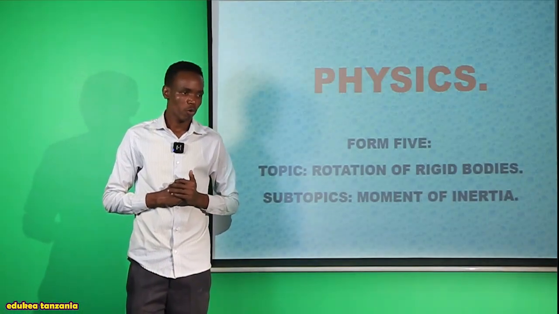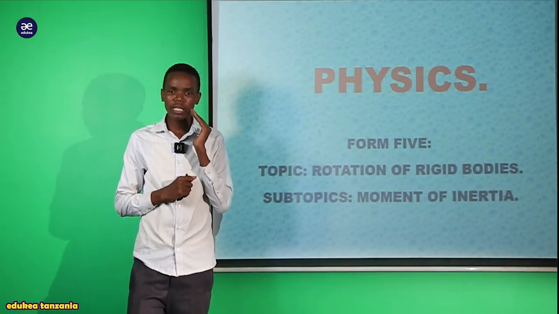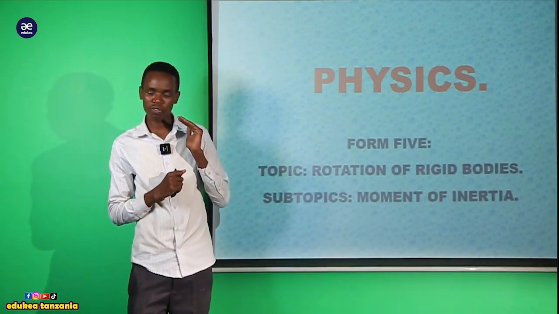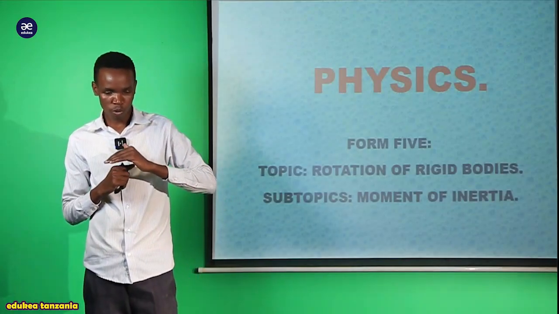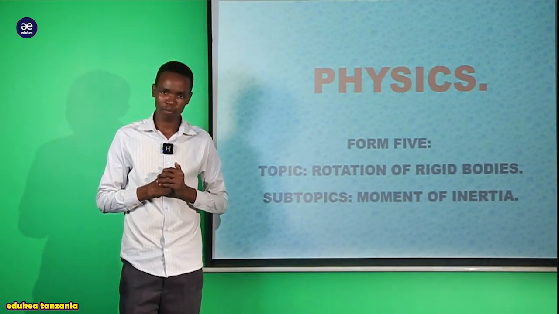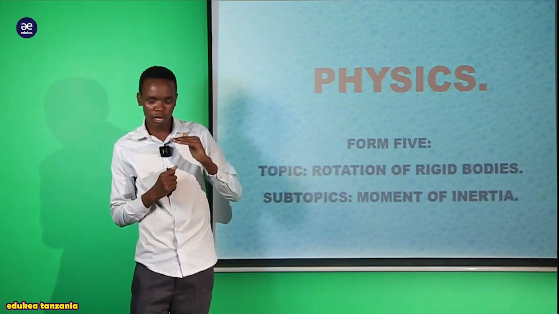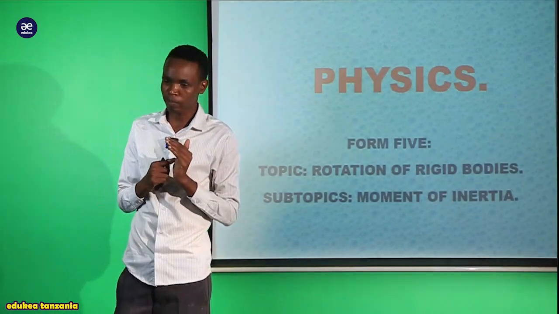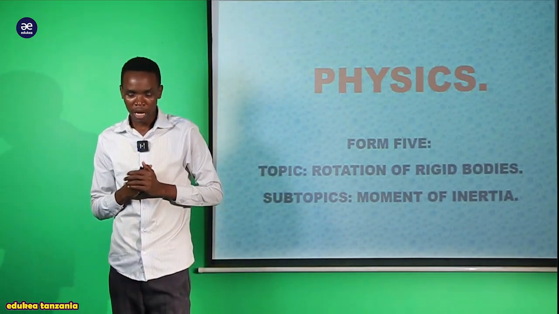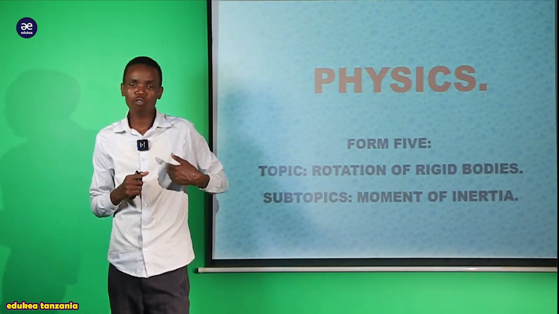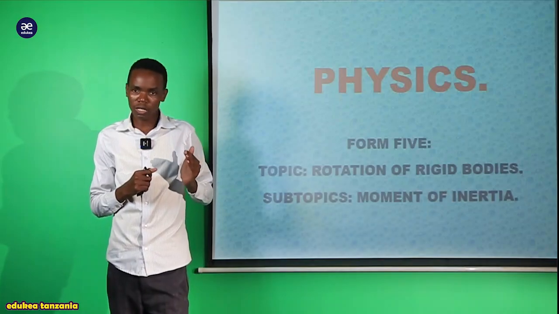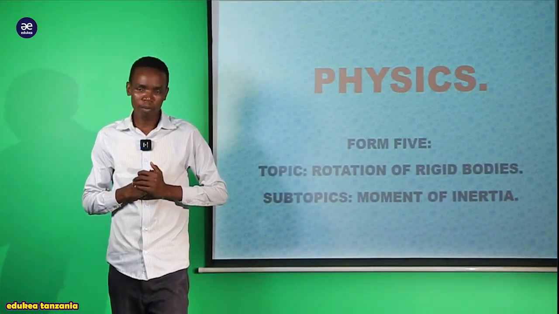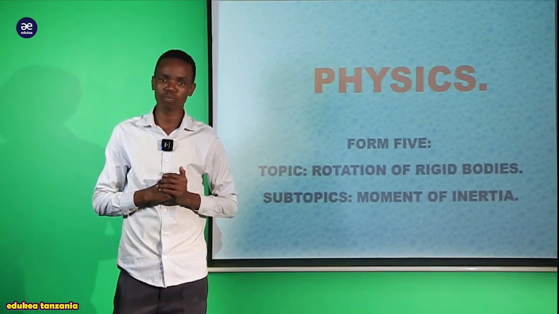After that, we tried to see how the moment of inertia for the solid sphere and for the hollow sphere are related. We observed that if all of those spheres have the same mass and the same radius, then the moment of inertia of the solid must be equal to 3 over 5 times the moment of inertia of a hollow.